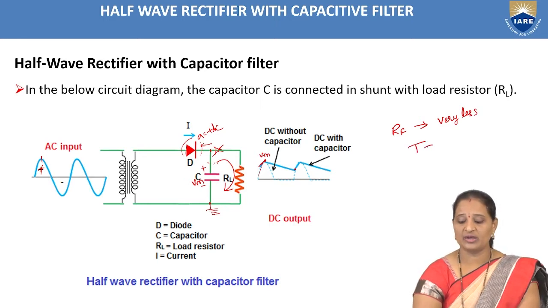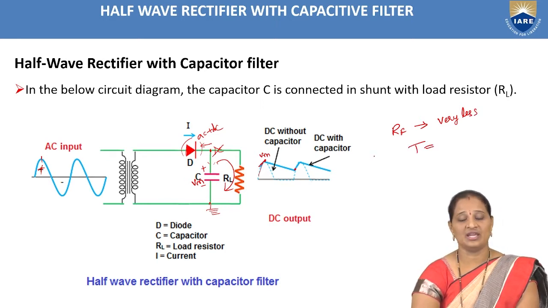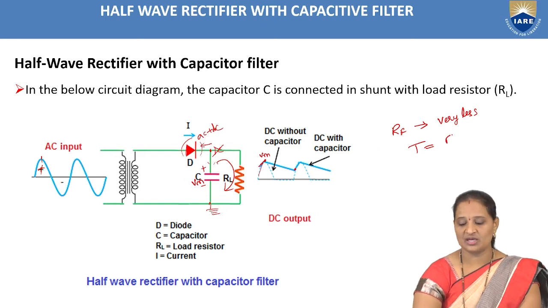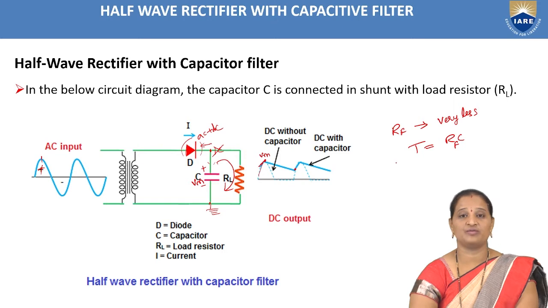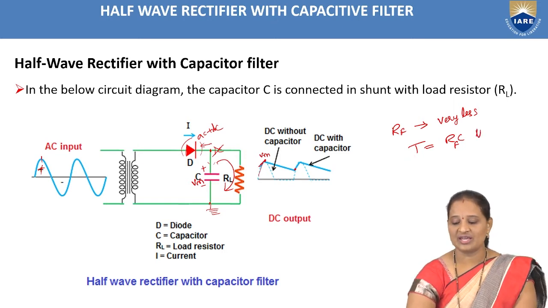And hence, you already know that the time constant T of the capacitor is equal to R into C. As the capacitor is charging through the forward resistance of the diode, the charging time constant is very less.